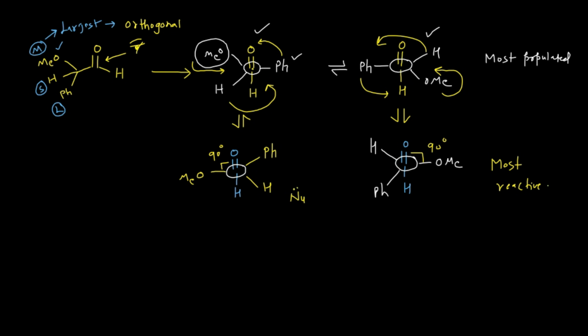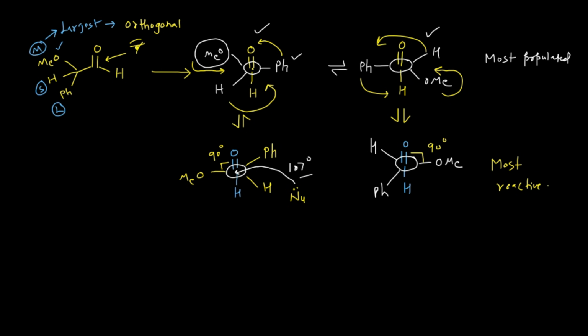This nucleophile will attack the carbonyl carbon, not this rear carbon, I'm sorry. And mind you, this will be the Bürgi-Dunitz trajectory, that is near about 107 degrees, right? And this will give you the product.